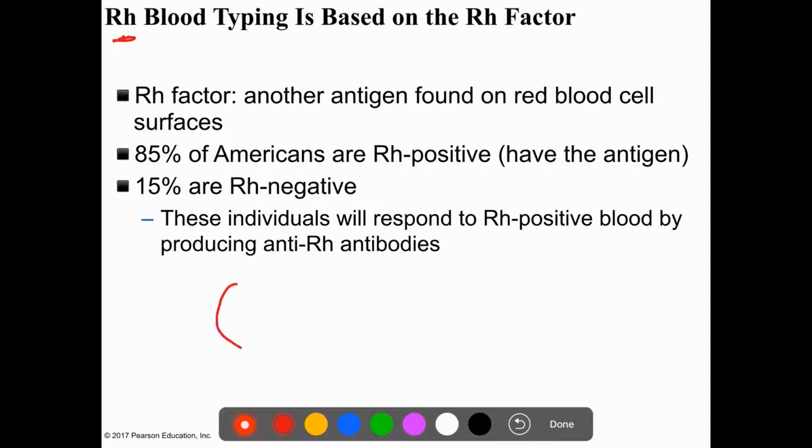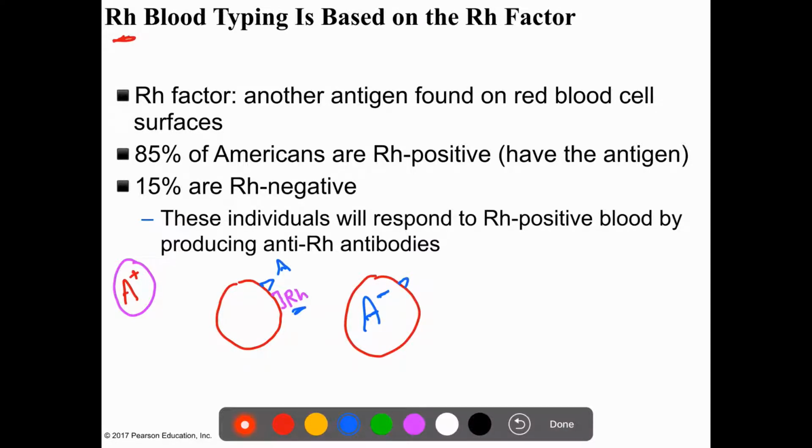Now, imagine that this is A plus. Then in this case, it will have the A and it will have something called the D. This is responsible for the A, this is the Rh, okay? In this case, we will refer to it as positive. If it has only the A, then in this case it will be A negative, since Rh is missing.